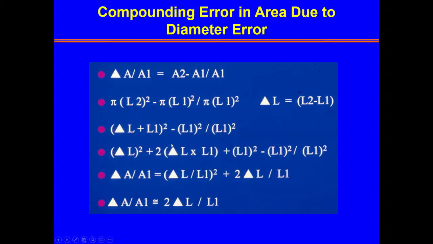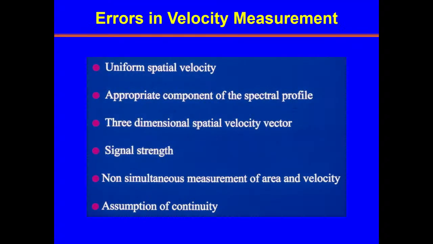That's basic, middle school algebra, showing the relation between the error in the area and the error in the diameter. It's twice the error. So a 10% error in diameter translates to a 20% error in the area. Not to minimize it, but you can see that the more the error in the diameter, the worse the error in the final flow calculation.